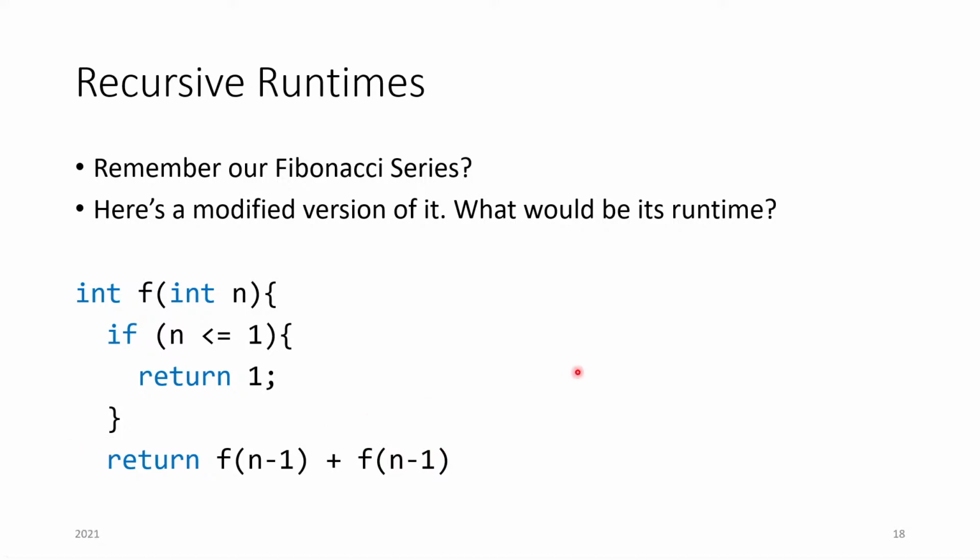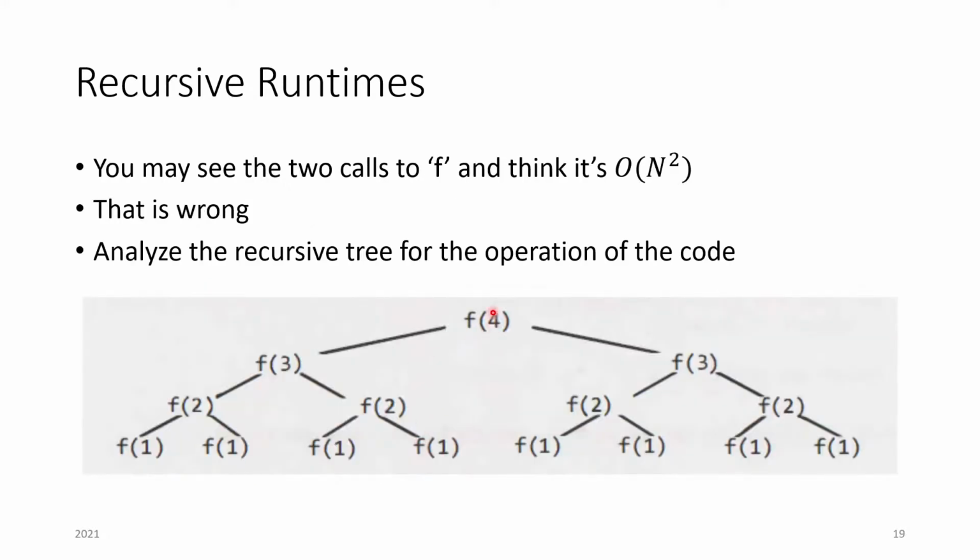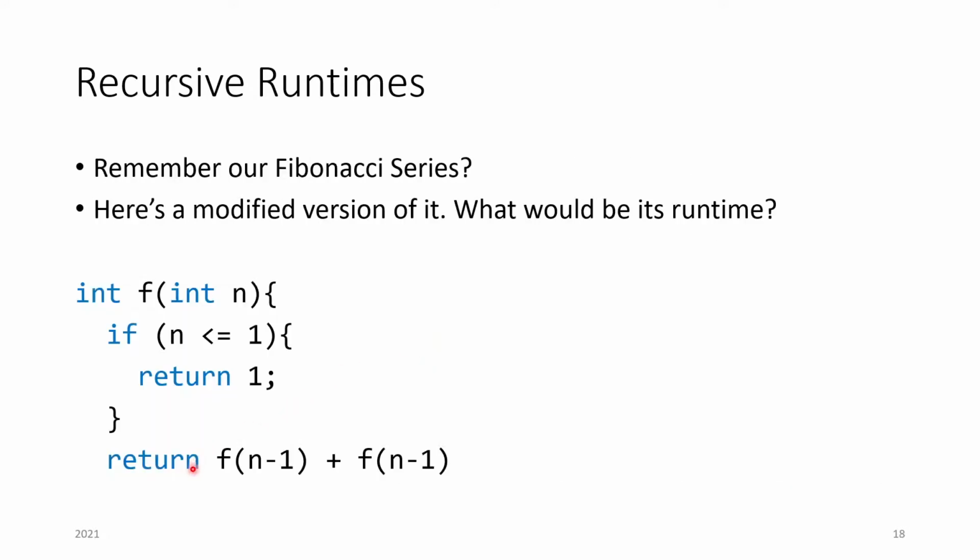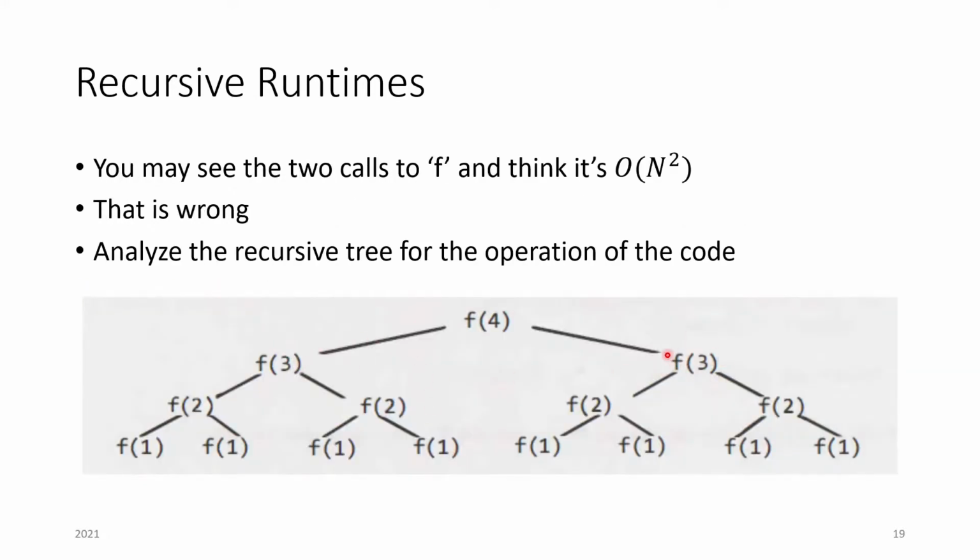That's why there were 2 branches coming from each level. Thank you for pointing that out. Because we had f of n minus 1 plus f of n minus 1, we have those 2 branches for each one of those. That's why when we have f of 4 here, we return f of n minus 1 plus f of n minus 1. Let's say n was 4, this is f of 3 plus f of 3. So we have an f of 3 here and an f of 3 here, of course. That's why we have 2 branches coming from each one of those levels.